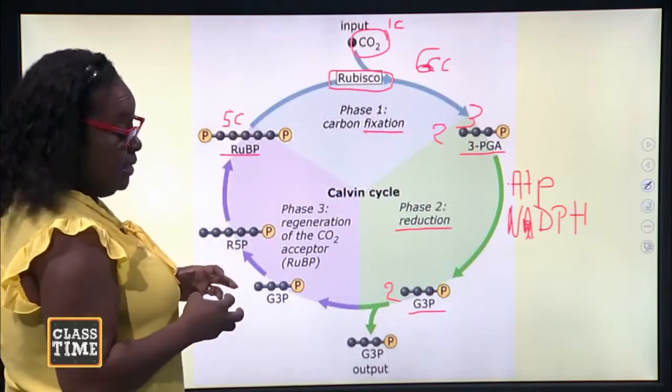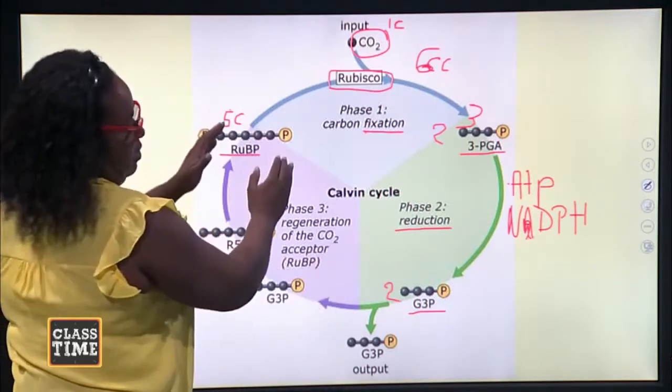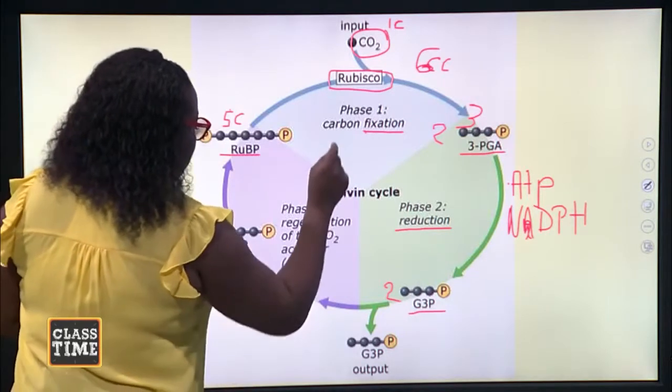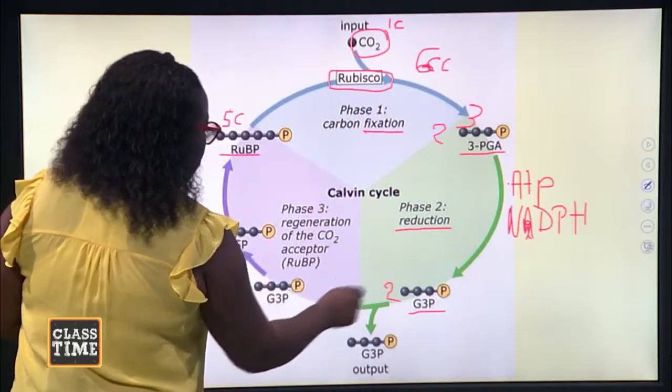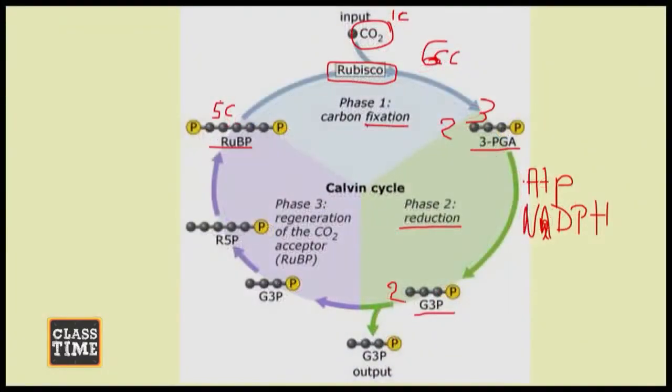Now, the next stage in the cycle is where the G3P, or phosphoglyceraldehyde, is going to cause a regeneration of the RuBP because it's a cycle. Whatever we start out with, we must end back up with. That is basically what a cycle is about.